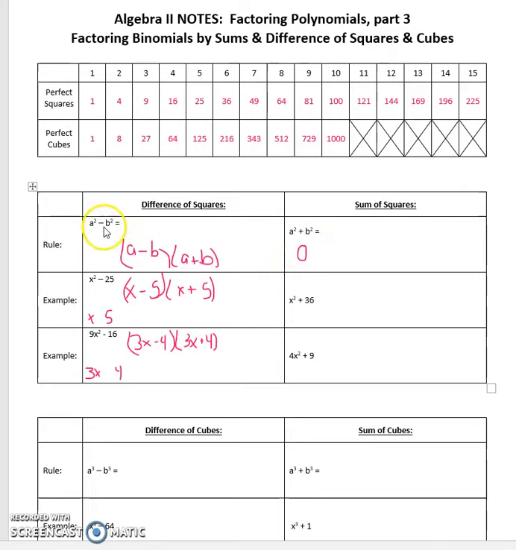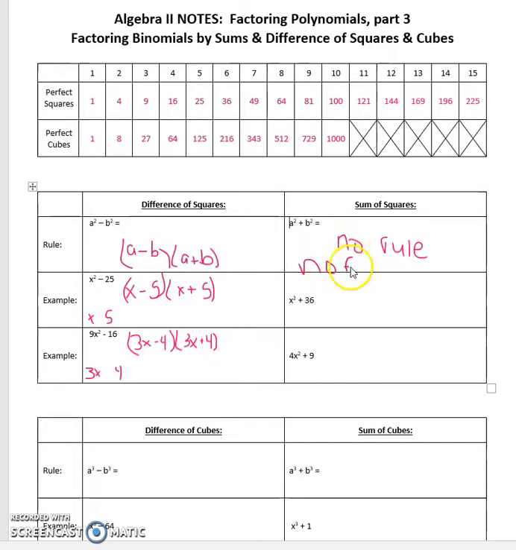Now if you have a squared plus b squared, notice the sign changed here. It's a plus, not a minus. Anyways, this doesn't work. It cannot be factored.